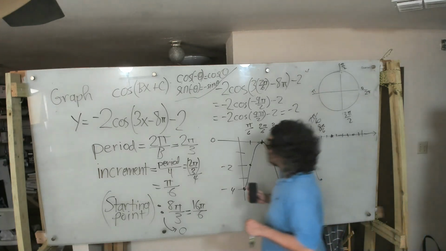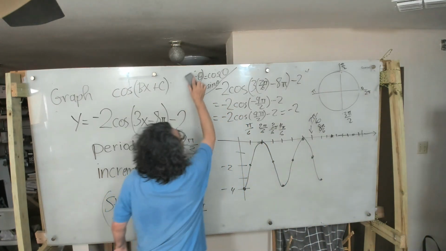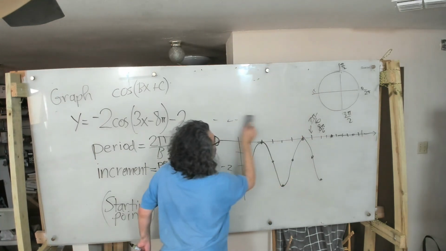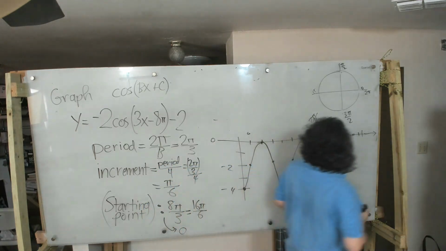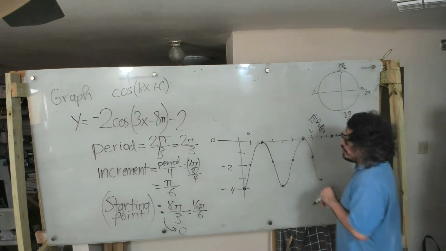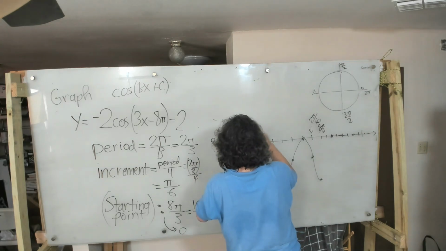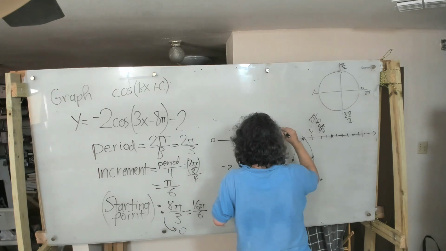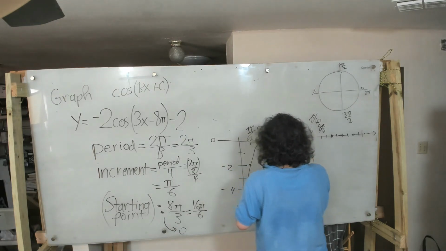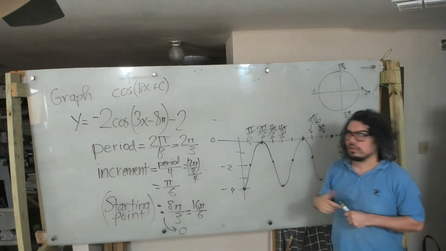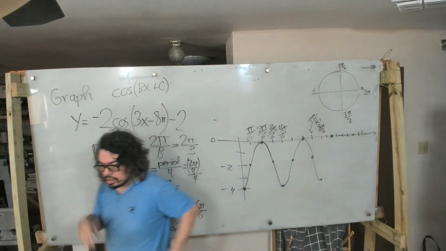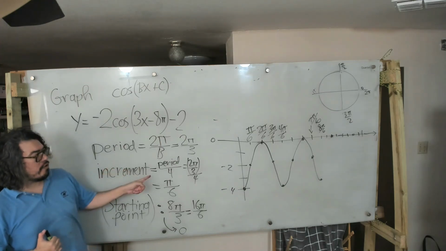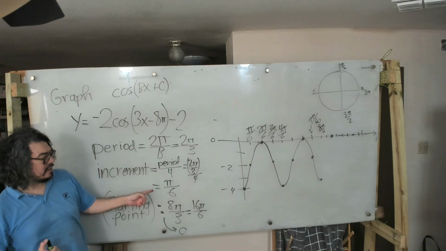Okay, let me just clean this up a little bit here. Okay, that last erasure was bad. We'll just put it in real quick. So just to recap, what we did was we found the period of our given trigonometric function graph. We found our increment by dividing our period by 4 and simplifying.